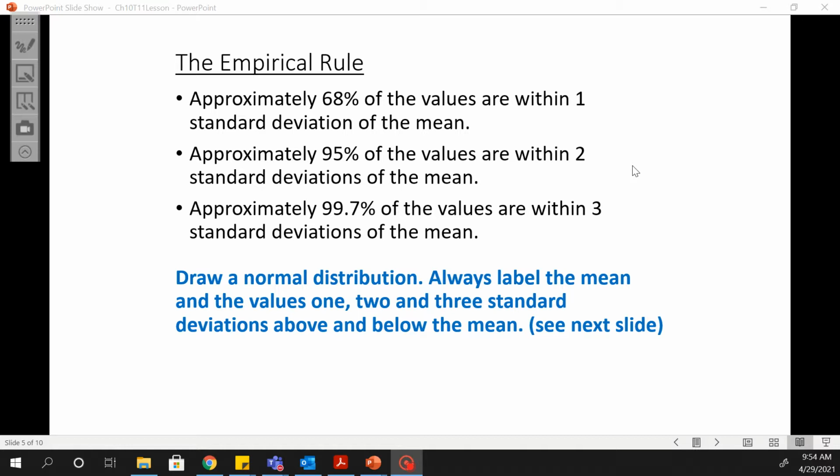Approximately 95% of the data are going to be within two standard deviations of the mean, so two above and two below. And approximately 99.7% of all the data, so that's almost 100% of it, are within three standard deviations of the mean. This is three above and three below.